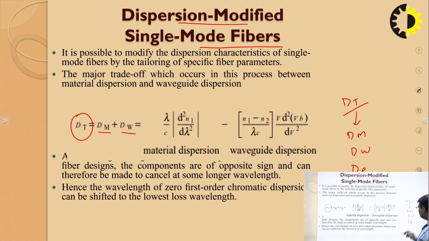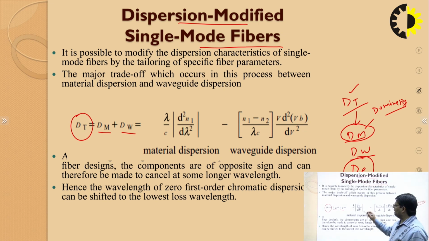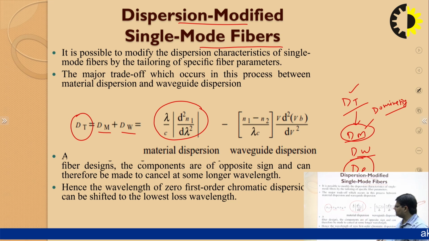Out of these three, the profile dispersion is generally negligible, and generally the material dispersion is dominating. So the combined response of single mode fiber is given by the combination of material dispersion and waveguide dispersion. The material dispersion is given by this formula, whereas the waveguide dispersion is given by this formula.